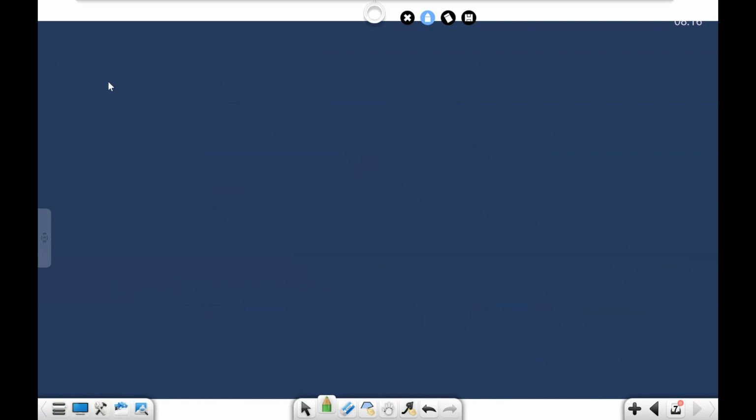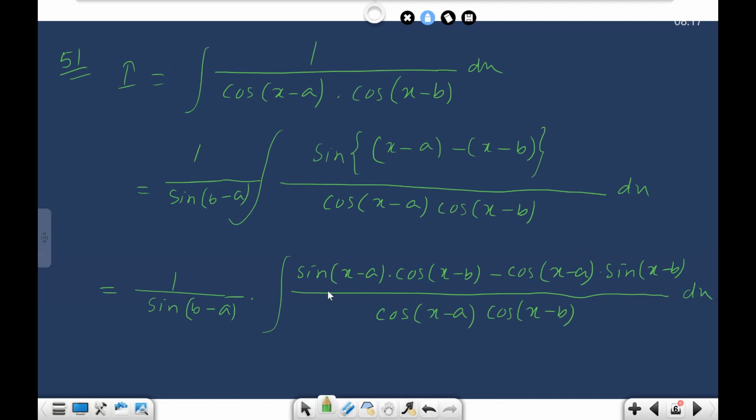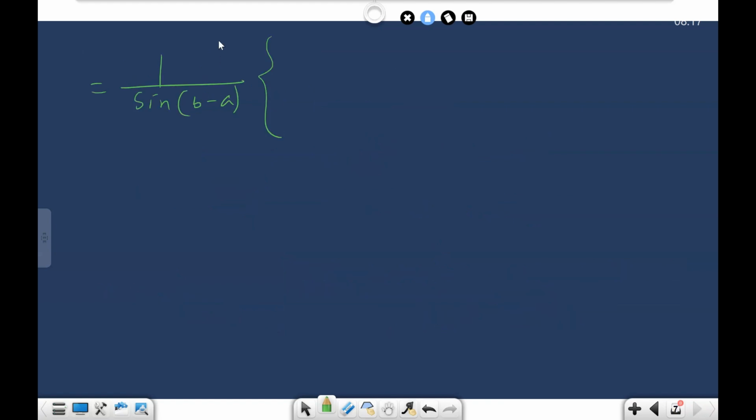After that you just write 1 by sine b minus a, already here, you give a curly bracket here, and see, if you separate this integral, this term divided by this term, now you see this cos is cancelled, so your term will be sine of x minus a divided by cos of x minus a, and that will give us tan of x minus a.